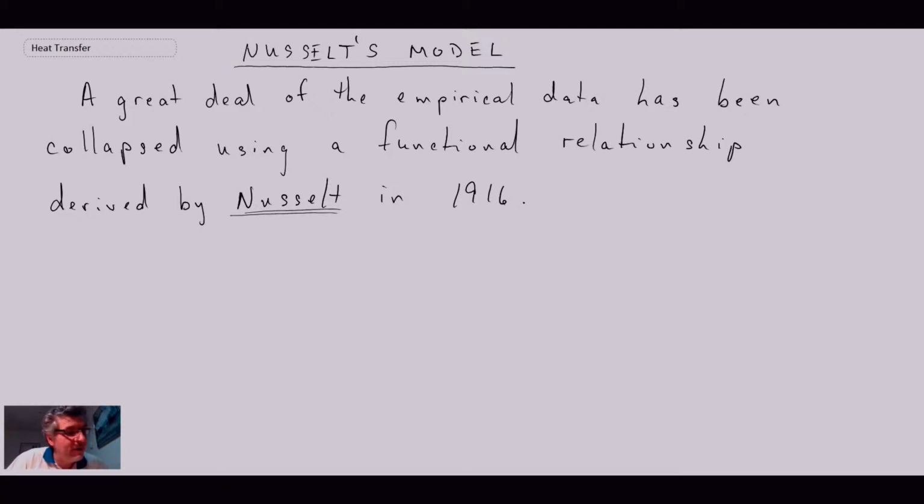It was a very insightful type of analysis, and it has enabled a lot of other researchers to use his functional relationship in order to collapse their experimental data. Now, obviously, Nusselt's analysis only applied to laminar flow, but let's begin by drawing a schematic of what the problem looked like from Nusselt's perspective, and then we'll look at some of the relationships that existed.